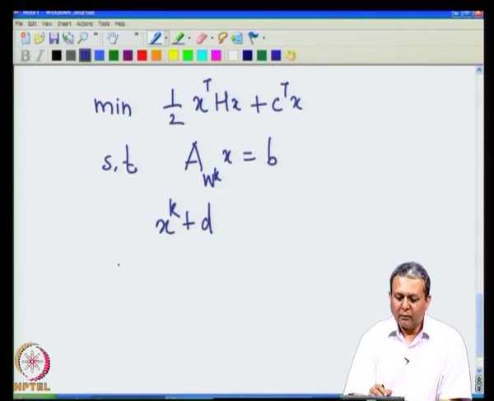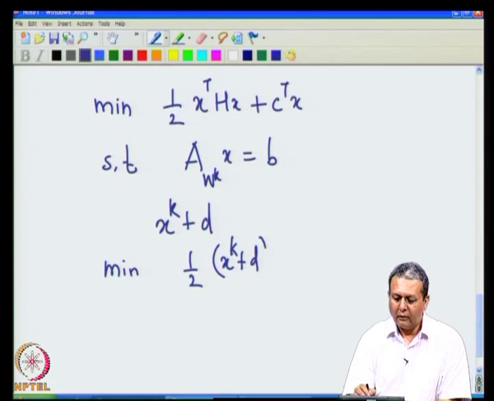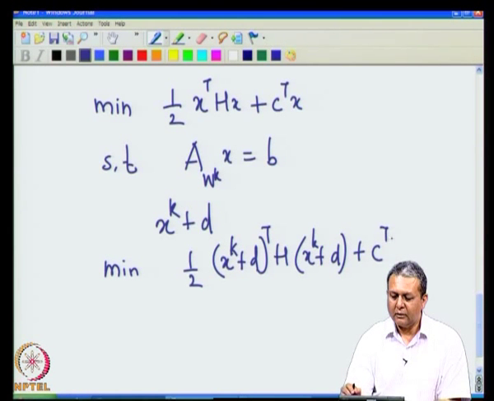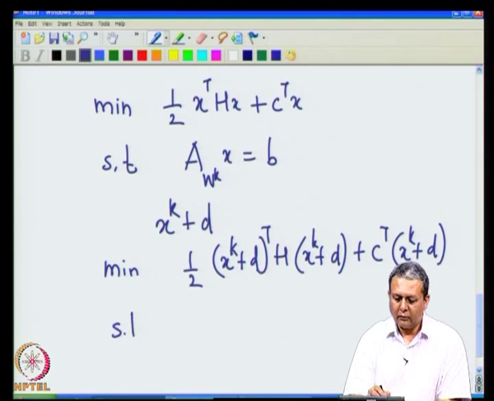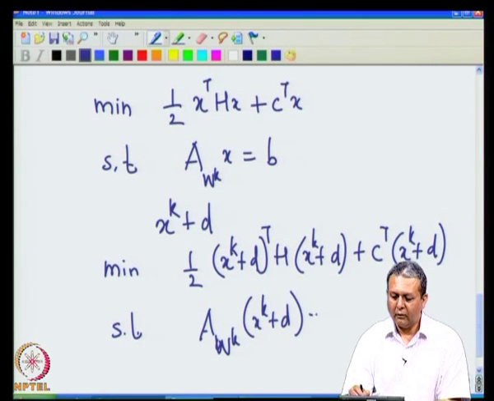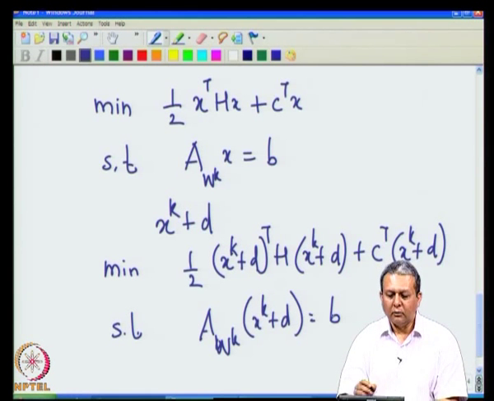So, we rewrite this problem as: minimize half of (xk plus d) transpose H (xk plus d) plus c transpose (xk plus d) subject to A_Wk (xk plus d) equal to b. Now, this is the optimization problem with respect to d.